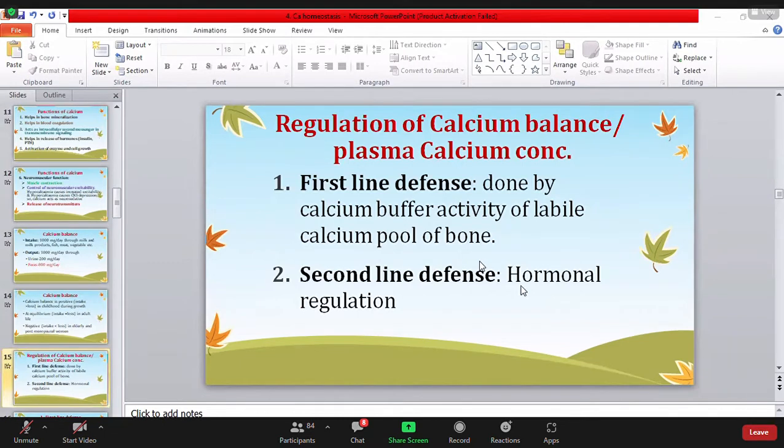This is also called hormonal regulation.